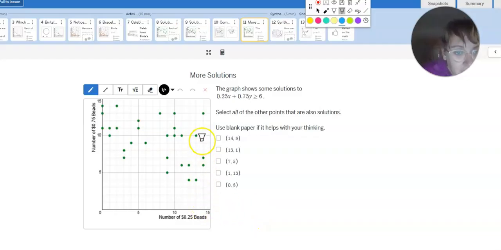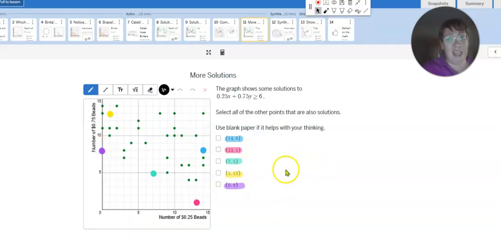So 14 comma 8 is about here. 13 comma 1 is here. 7 comma 5 is here, and then we have 1 comma 13 right there, and then finally we have 0 comma 8.